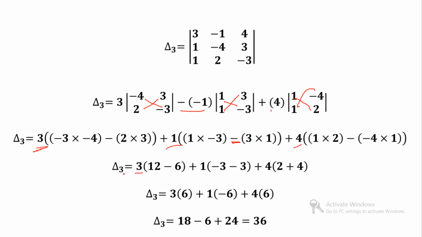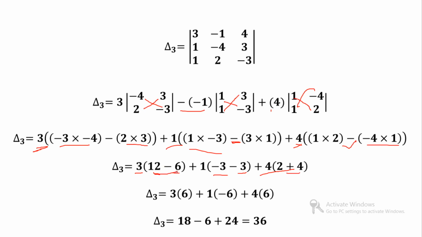So 3 as it is, minus 3 into minus 4 is equal to plus 12, 2 into 3 is equal to 6, 1 into minus 3 is equal to minus 3, 3 into 1 is equal to 3, but minus will be multiplied, so over here minus 3, 4 as it is, 1 into 2 is equal to 2, minus 4 into 1 is equal to minus 4, multiply with minus, so it will become plus 4.